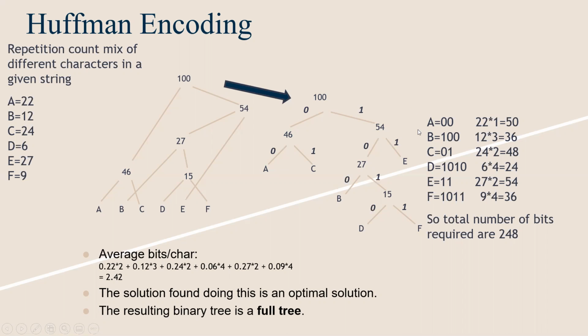So we will write here A will be encoded as 0, 0. Now for B, you can see, for traversing from 100 to B, we will traverse through 1, then 0, then 0. So for B, we will use the code 100. For traversing up to C from 100, we will use code 0 and 1.